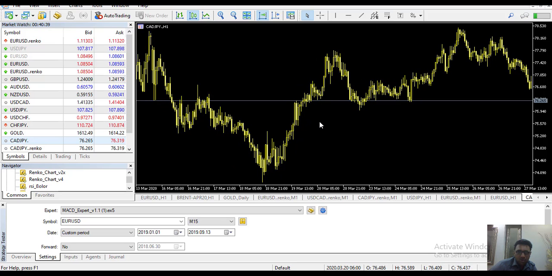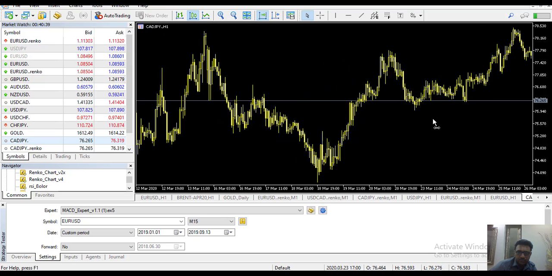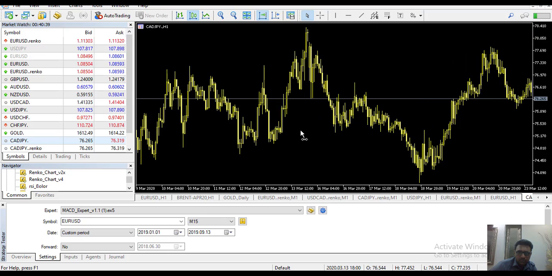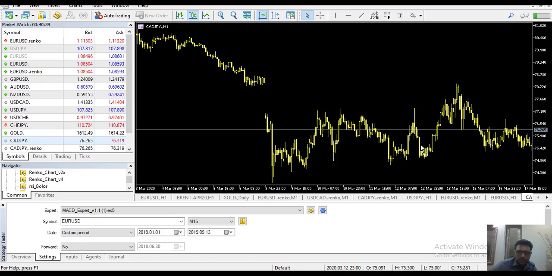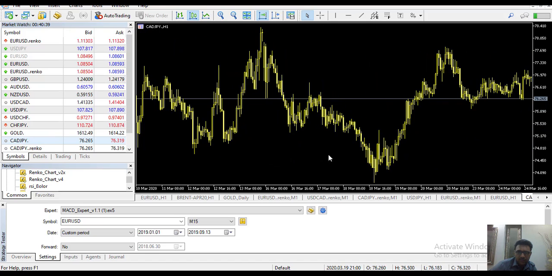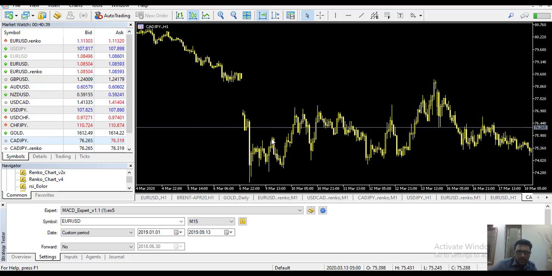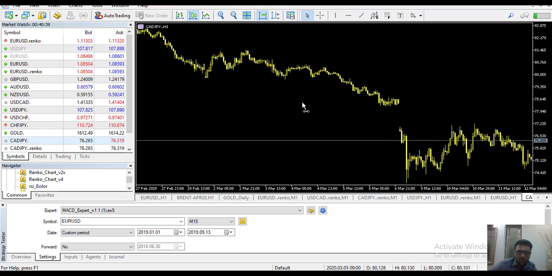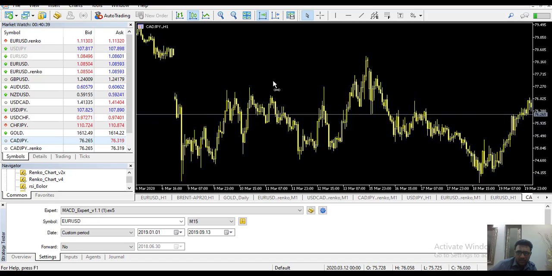Let's see a little controversial one, right? So it's a range. It's not very effective. But when you look at it in Renko, this becomes very easy.